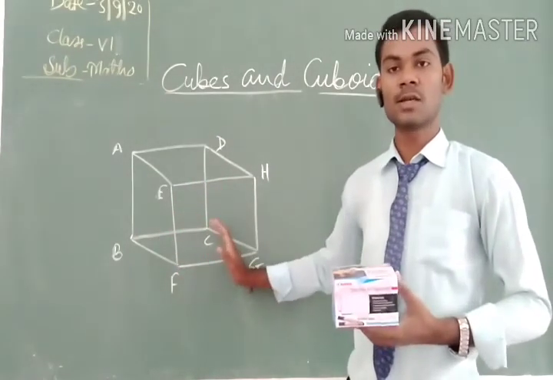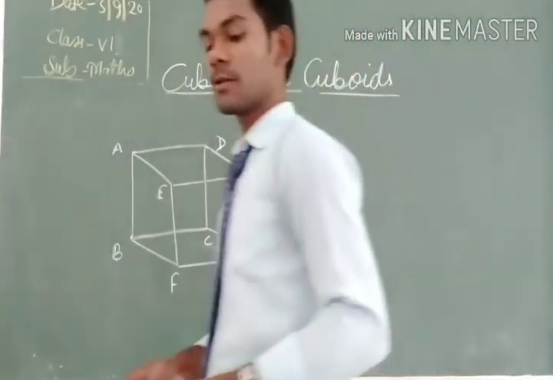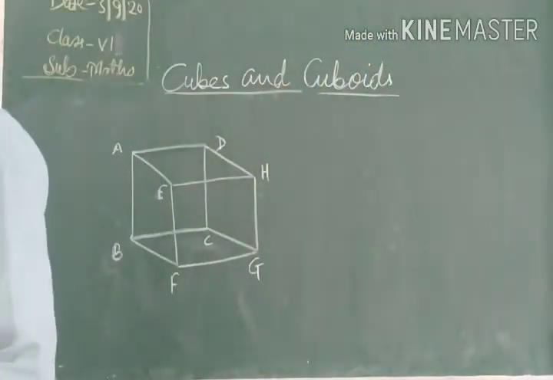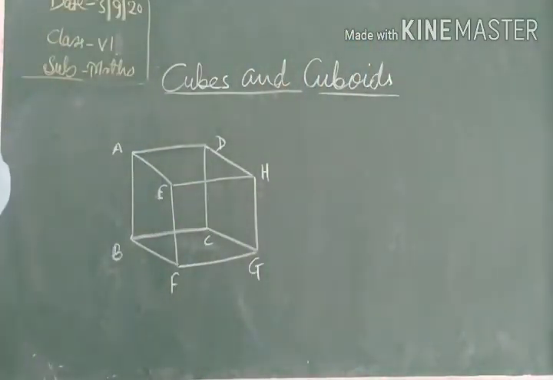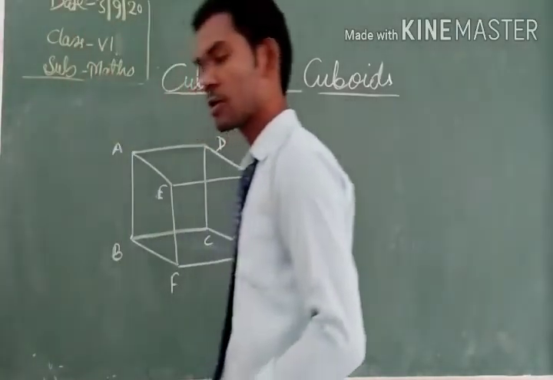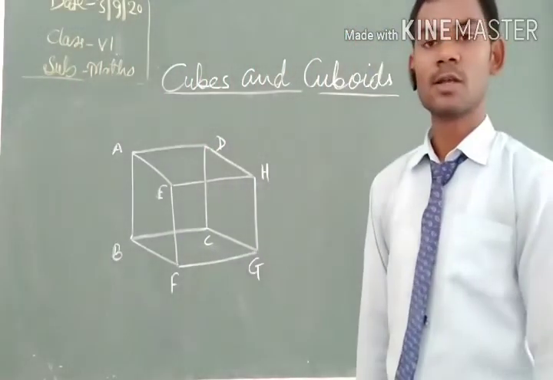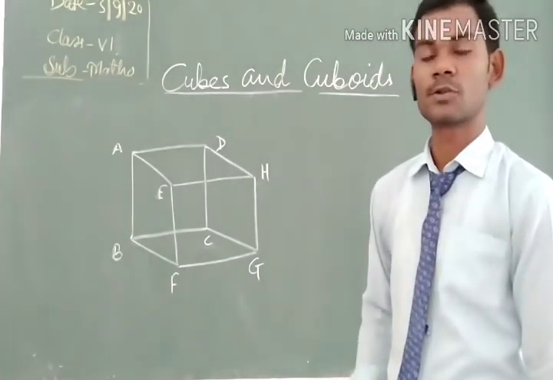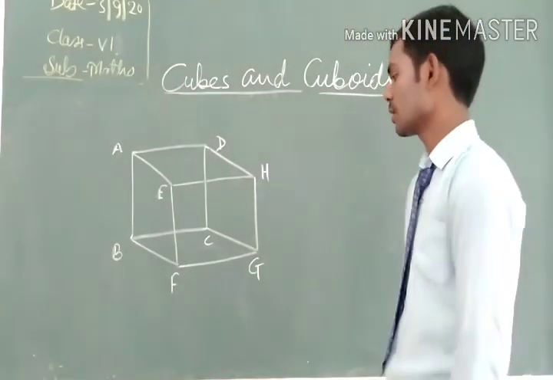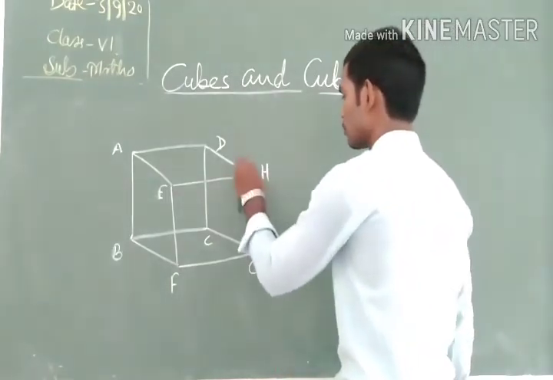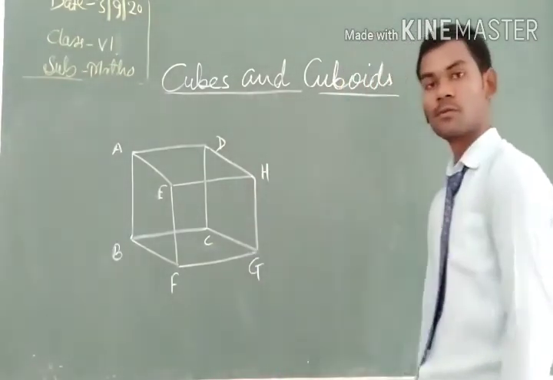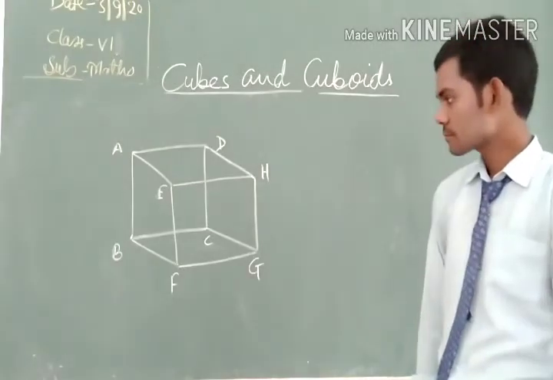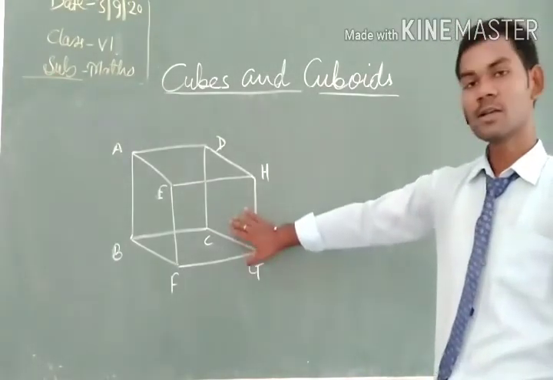So it is called a cube. If somebody asks what a cube is, then you say that the 3D shape of the square is called a cube.